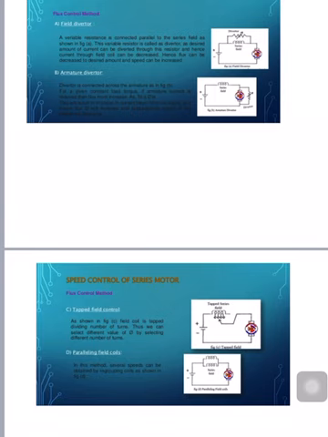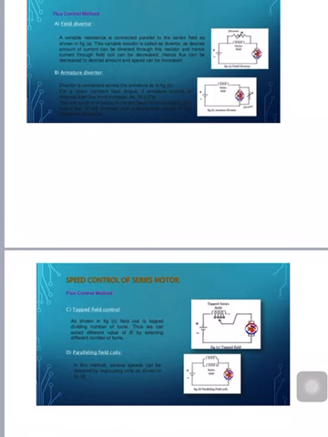That is, in the field diverter method, a variable resistance is connected parallel to the series field, and it is called the diverter. The amount of current can be diverted through this resistor, so that the current through the field coil is decreased, the flux is decreased, and the speed is increased. This is field diverter method.